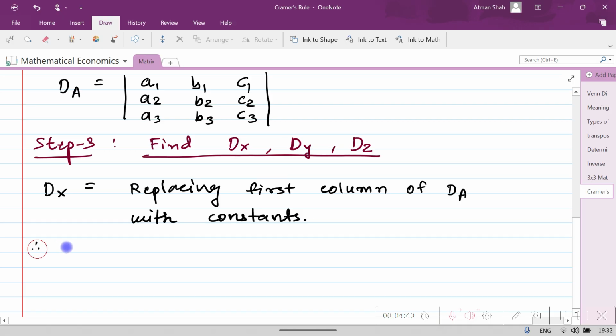Therefore dx is equal to, in dA the first column is a1 a2 a3. Instead of this we write the constants, so it is d1 d2 d3. The other two columns remain the same, so it is b1 b2 b3, c1 c2 c3. This is the determinant of x.